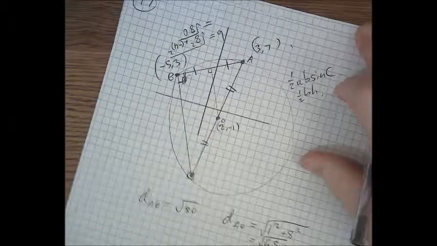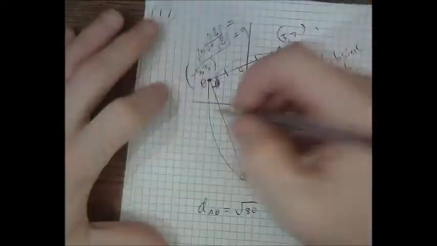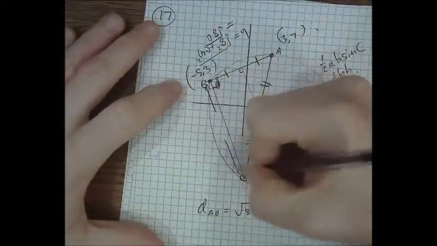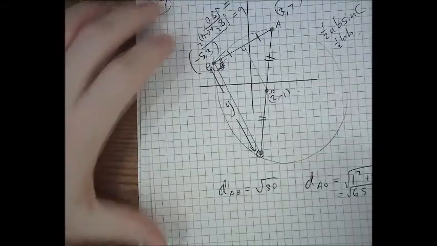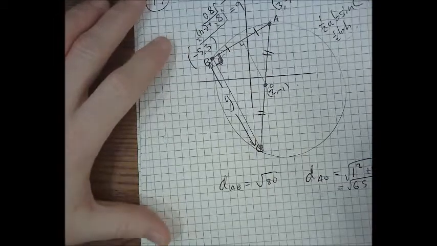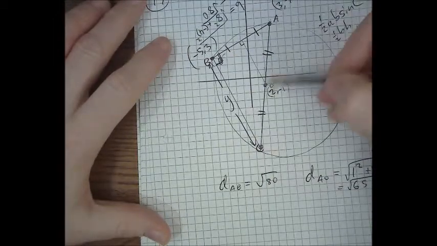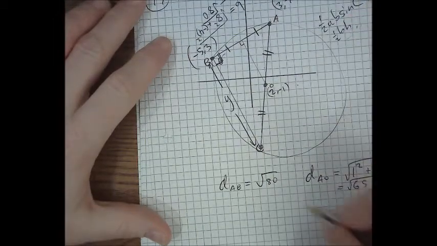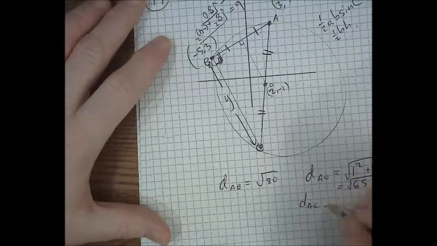Okay, so therefore this distance here can just be done with Pythagoras, even though I don't actually know that point. Oh, sorry, that's AO, so the distance AC is twice that.